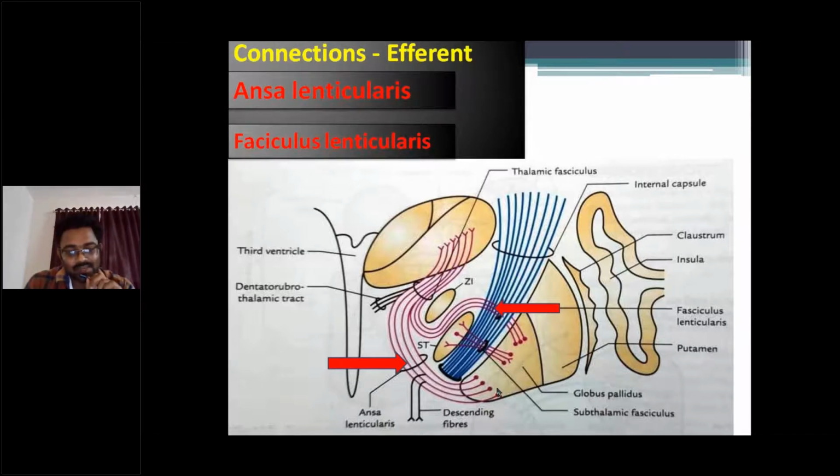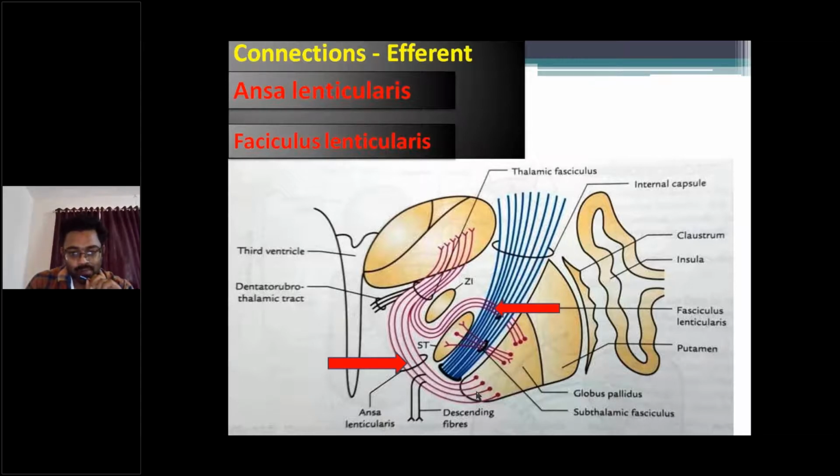Fibers arise from globus pallidus. These are forming the loop around the posterior limb of internal capsule. This is the posterior limb of internal capsule. Fibers forming the loop around the internal capsule are called ansa lenticularis.